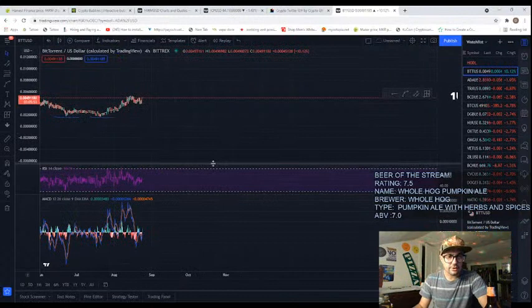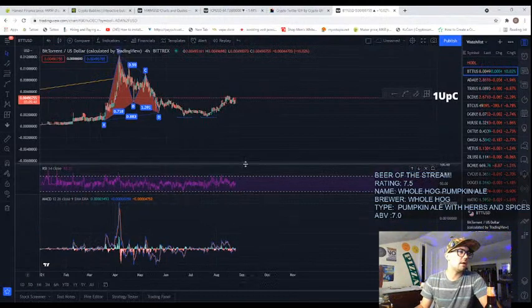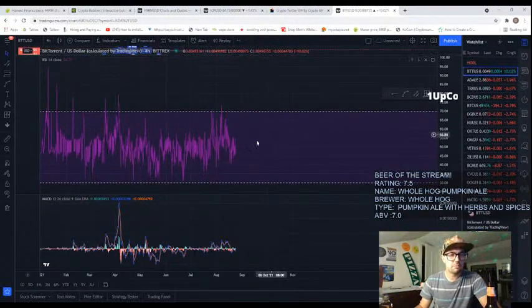What is an RSI? An RSI is a relative strength index, okay? And this right here, this purple box, is the relative strength index.